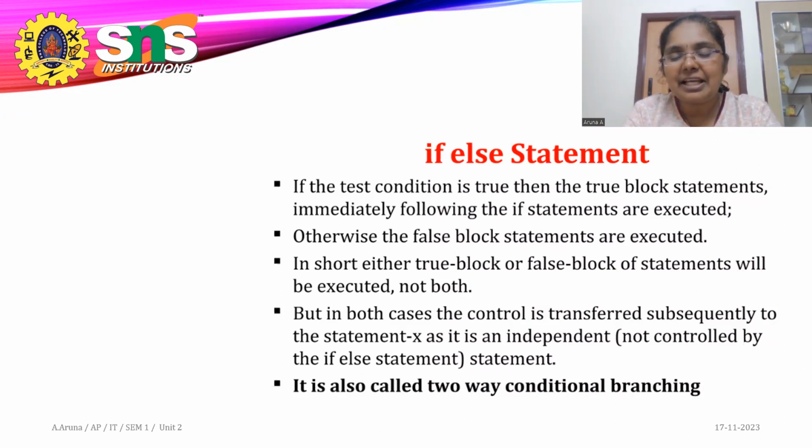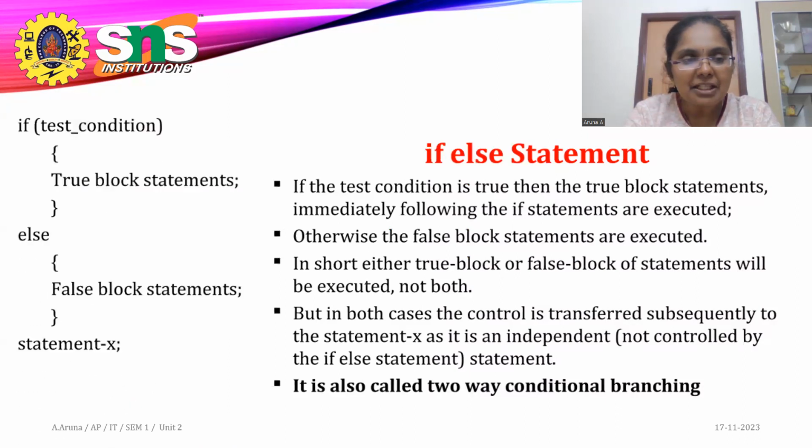In short, we can say if it is true, the true block will execute, and if it is false, the false block will be executed. Now let us see the syntax for the if-else statement. Before that, we can call this if-else statement a two-way conditional branching, because it can execute both the true statement as well as the false statement. So this is the syntax for the if-else condition.